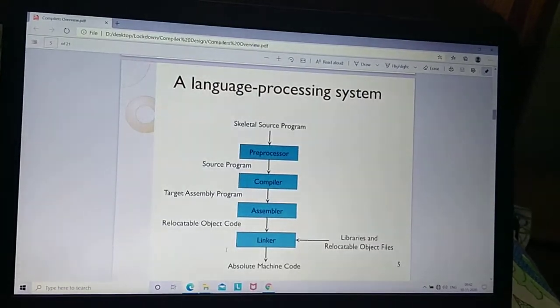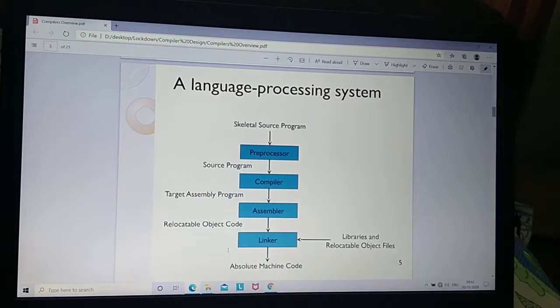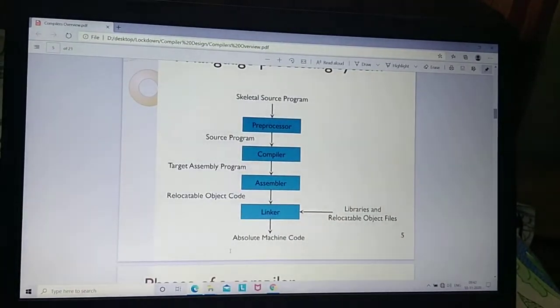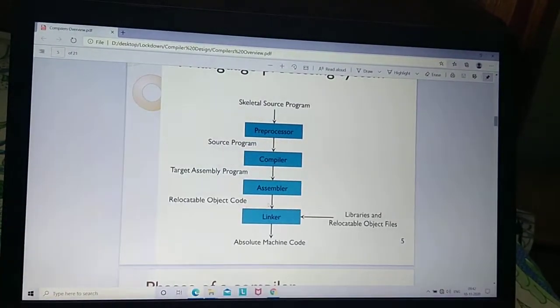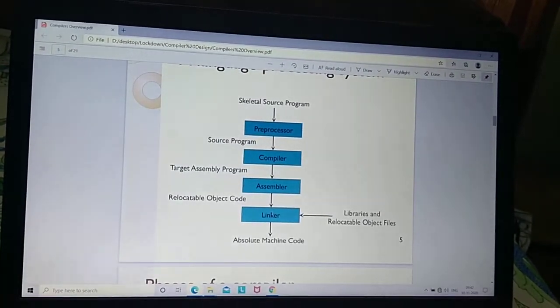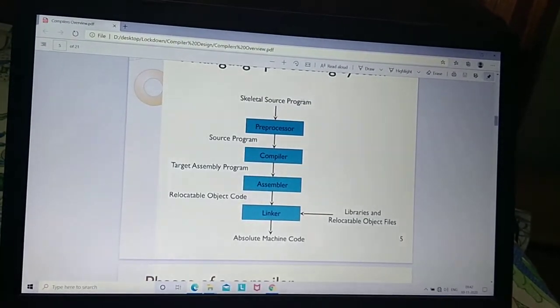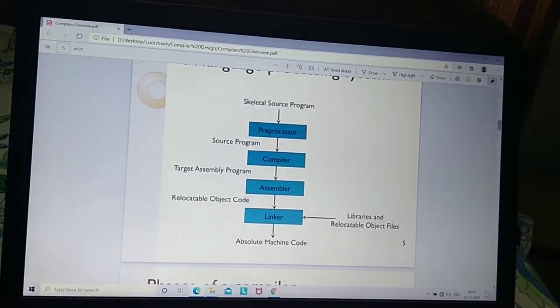This is a block diagram of a complete language processing system. Along with the compiler, there are several other programs. They are the preprocessor, assembler, and linker. The skeleton source program is taken as input to the preprocessor.